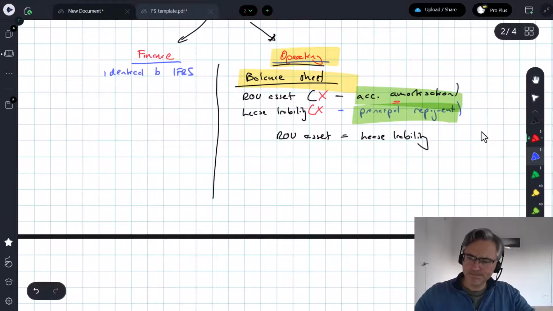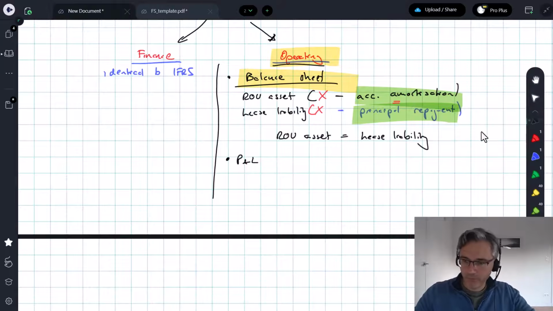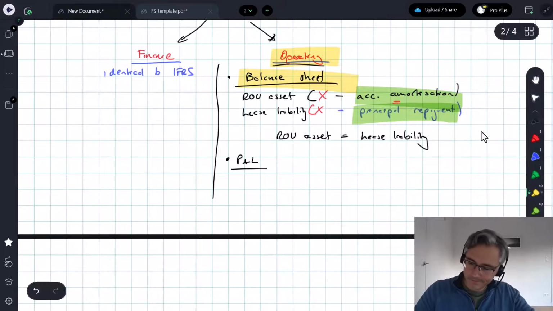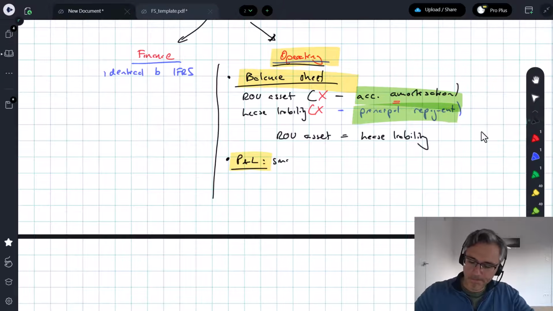Right, so that was the balance sheet. Within P&L, you only have a single line. That single line is called lease expense.